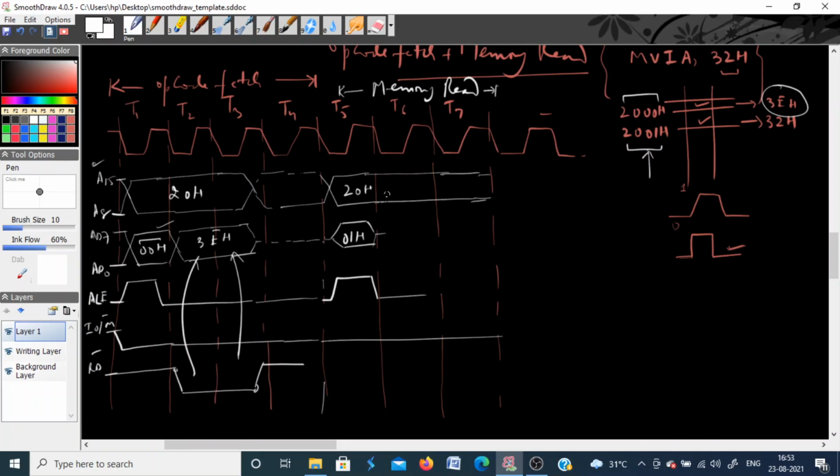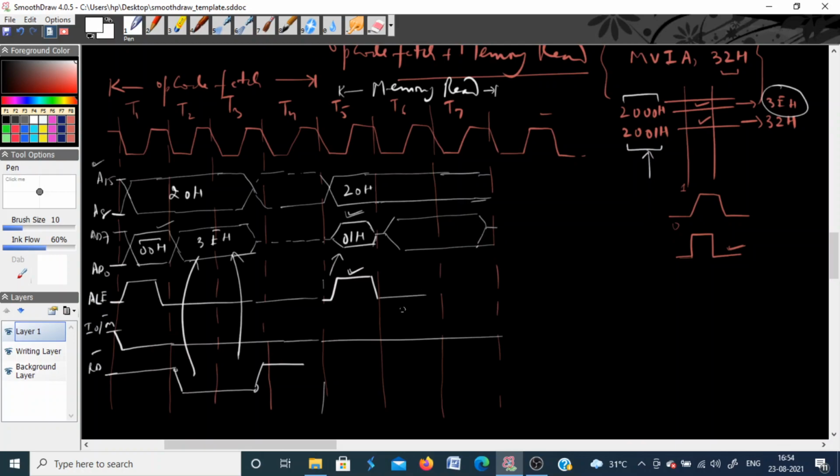But the lower-order address 01H is latched in the first clock period of this cycle, that is T5, using the ALE signal. So the processor will activate ALE, and this lower 8-bit address is latched. Now in the next part, this is free to carry the data.